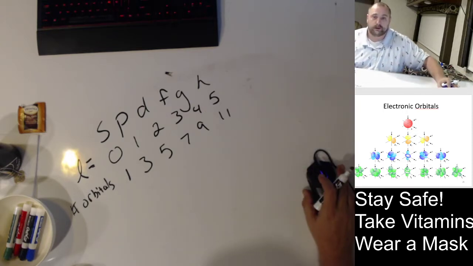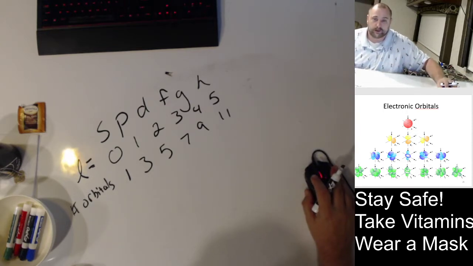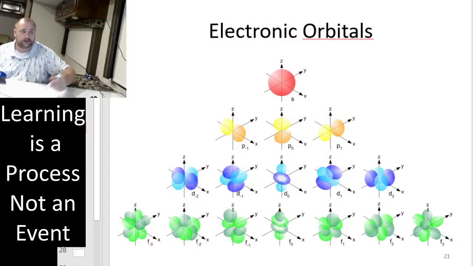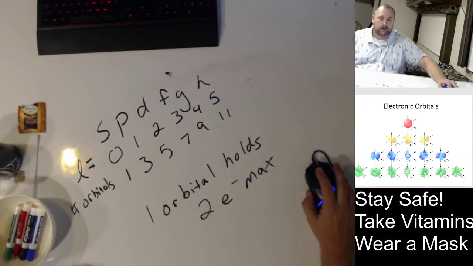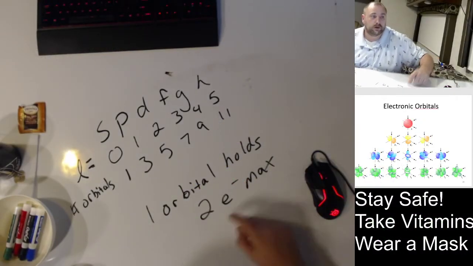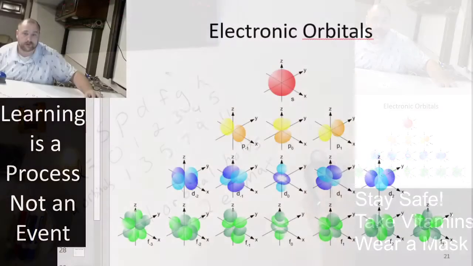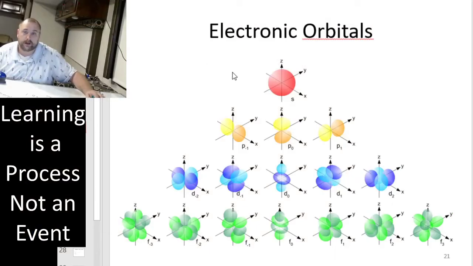Now, one of the things we want to know about these is that one orbital holds 2 electrons max. One orbital holds 2 electrons max. That doesn't mean it's always going to hold 2. There are other things that we describe on this, all kinds of different things.